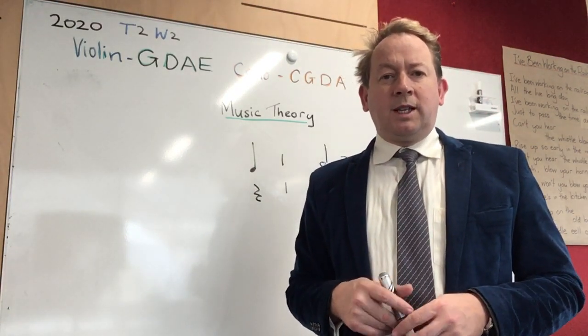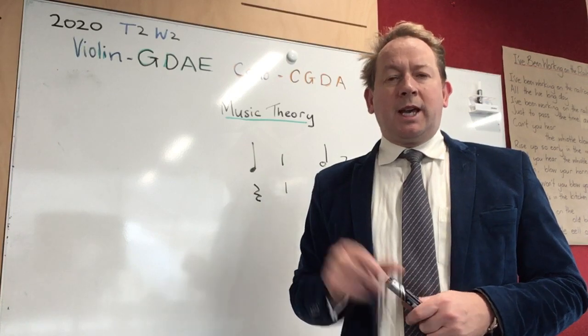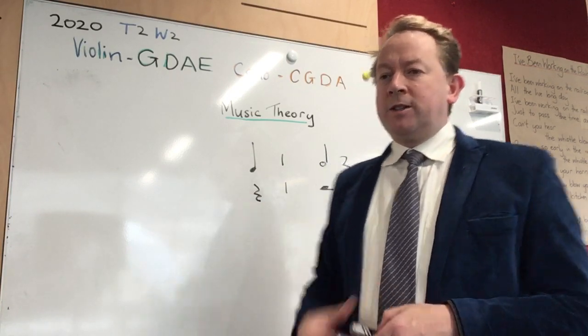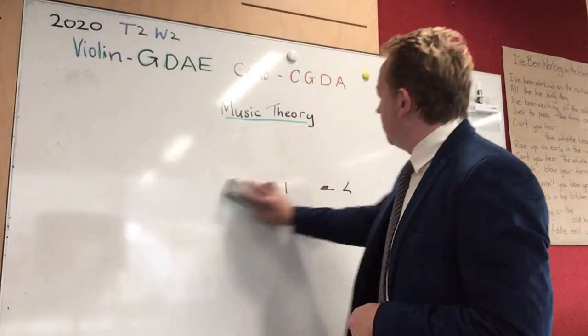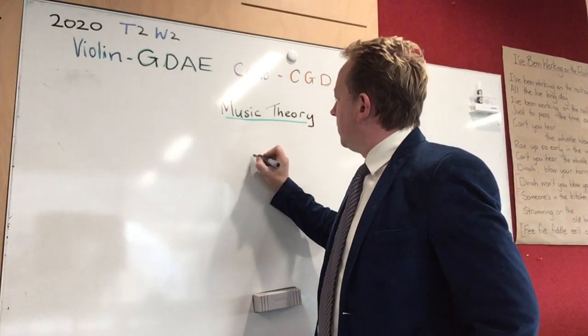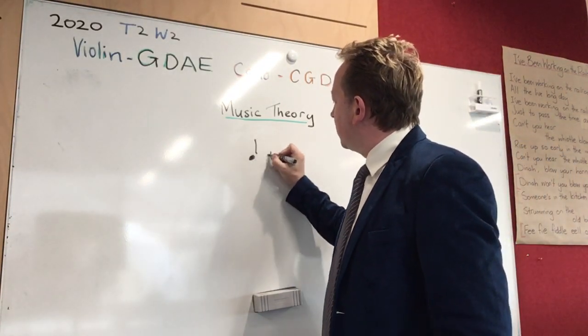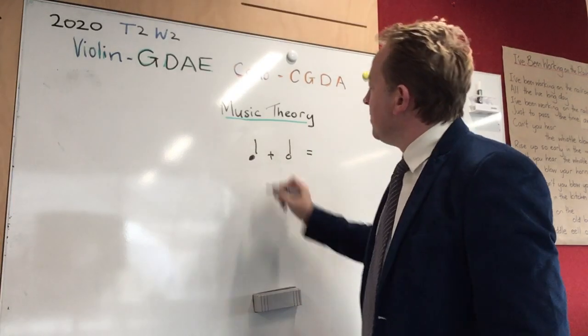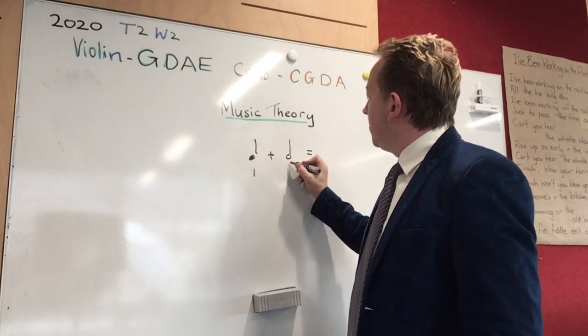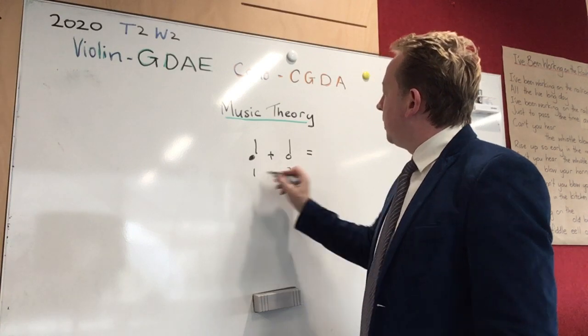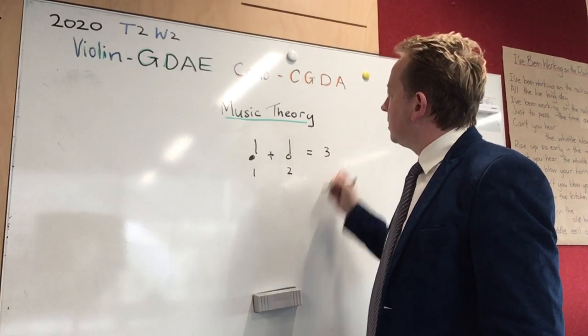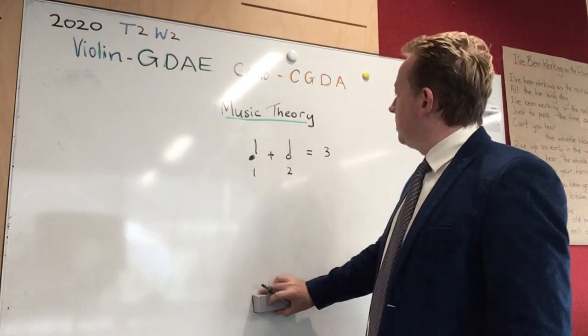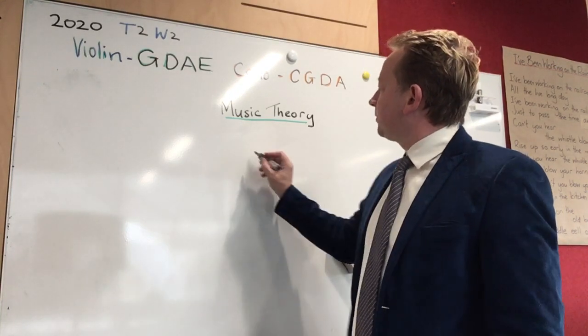Okay, so that should be enough for you to complete the next slide, and you're going to be adding up notes. Let's just actually do one example. Crotchet plus minim equals: crotchet's worth 1, minim's worth 2, 1 plus 2 equals 3. Okay. Let's do another example.